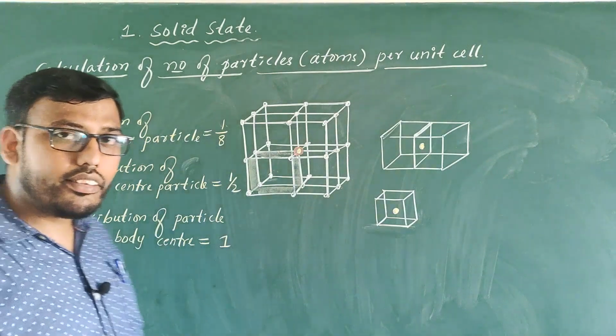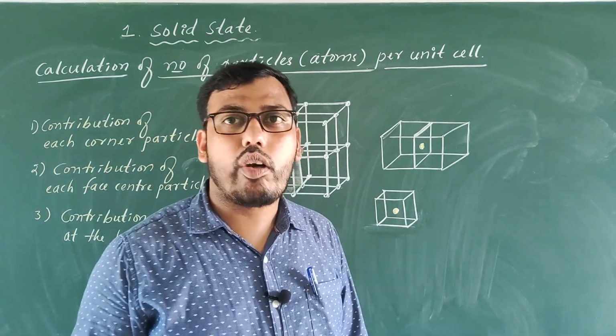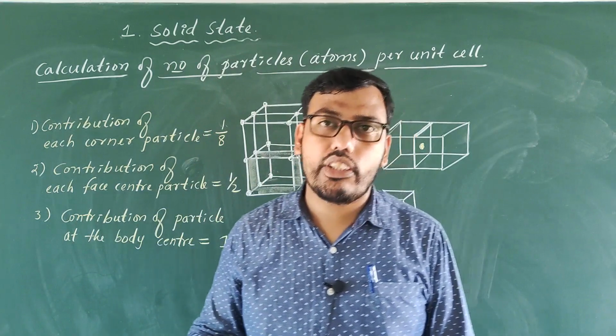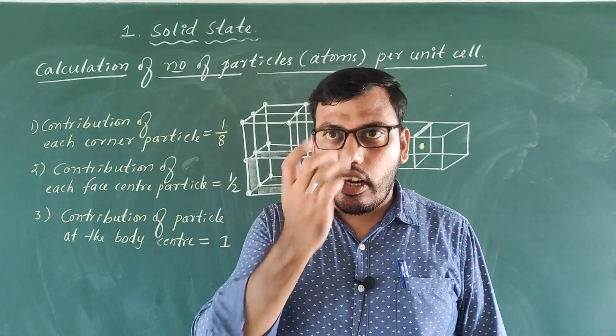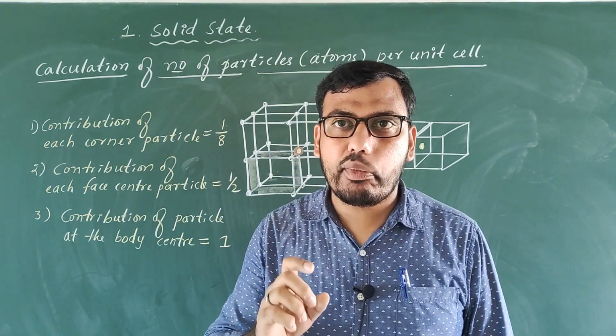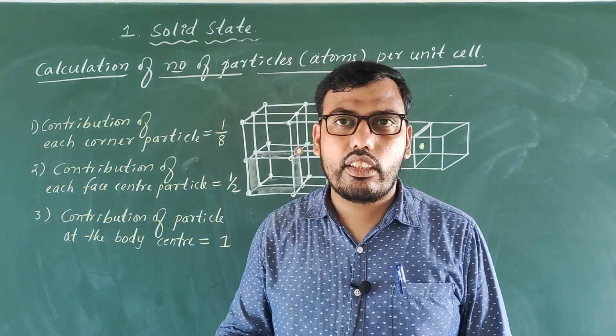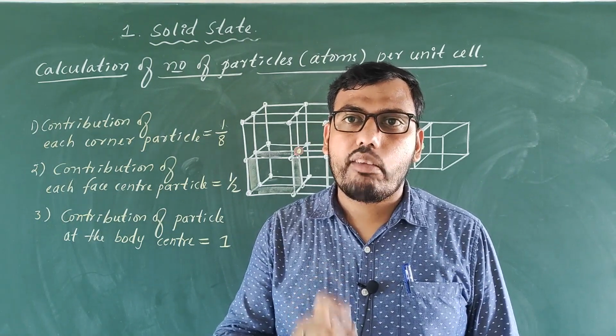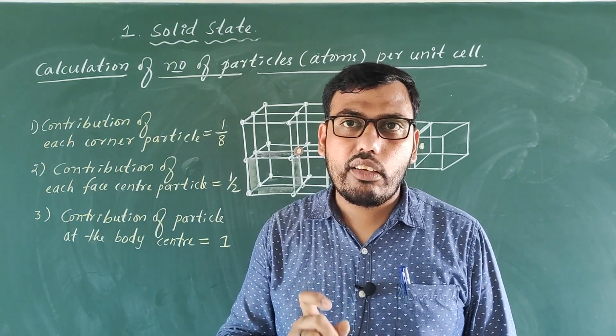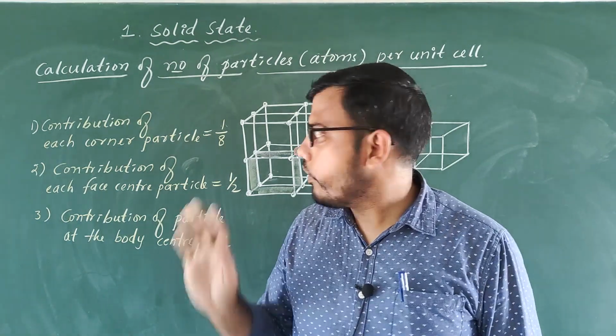So dear students, it is very important to understand the contribution of a particle present at the corner, the contribution of a particle when it is present at the face center, and what is the share or contribution of a particle when it is present at the body center. I have told you.